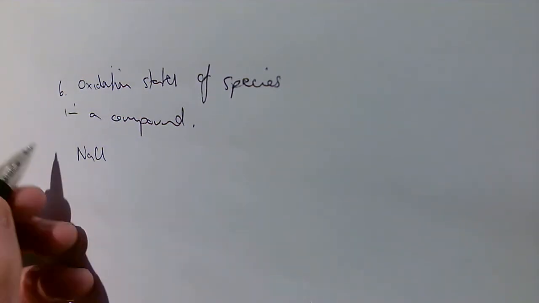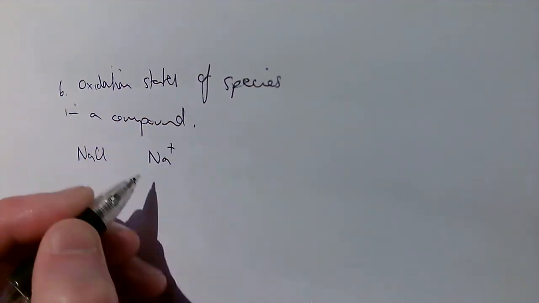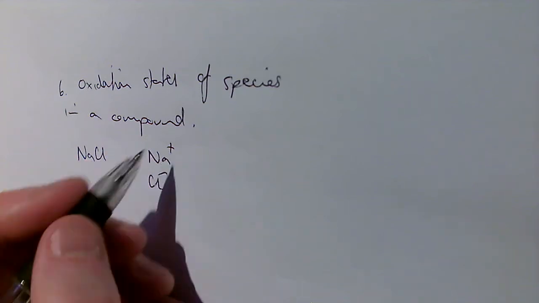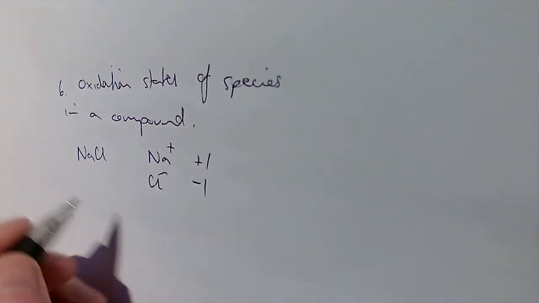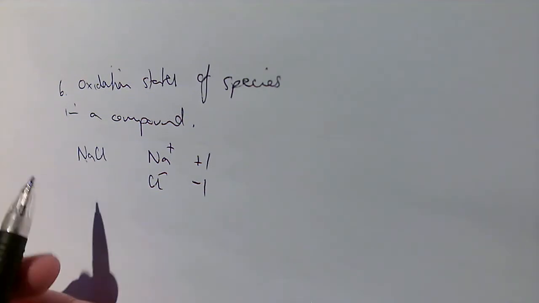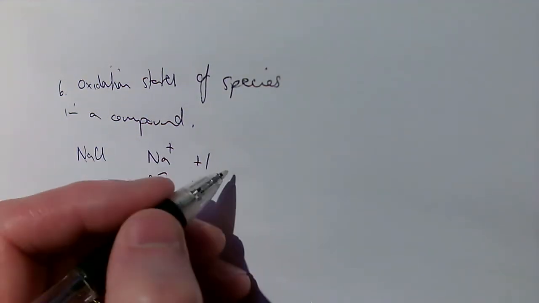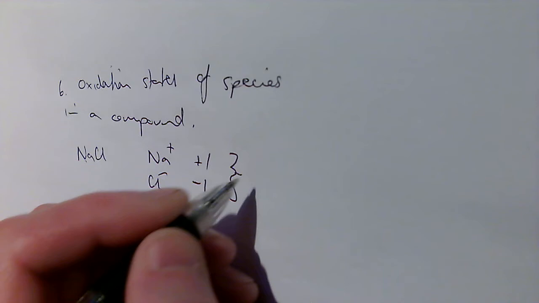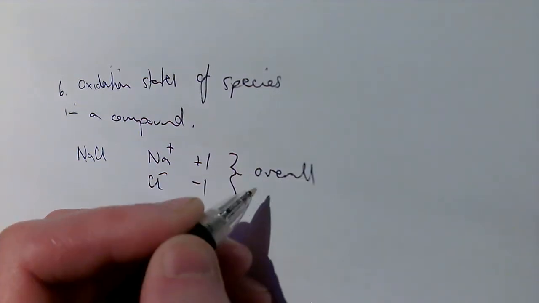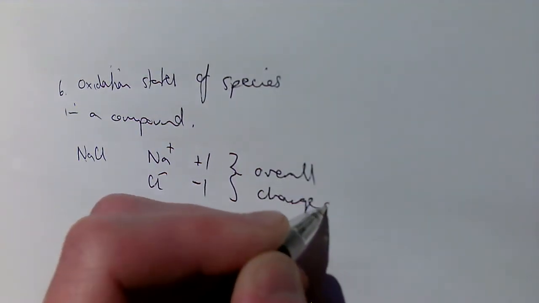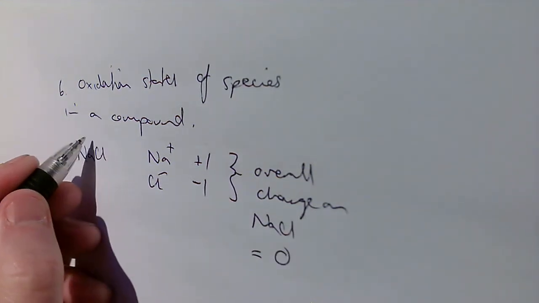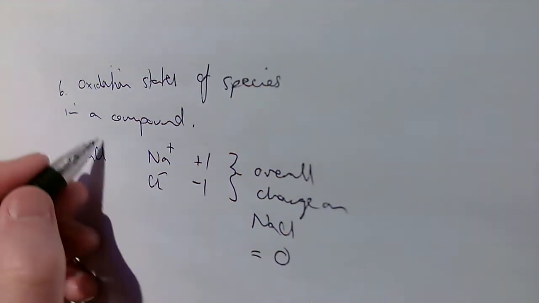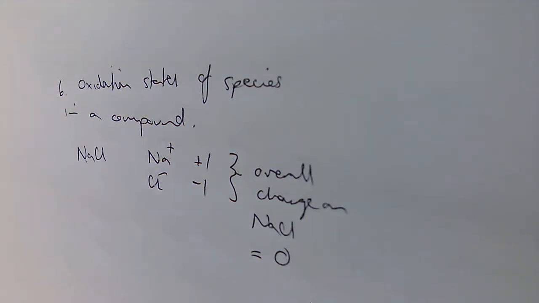So we know that's made up of Na+ and Cl-. The oxidation state of Na+ is +1. The oxidation state of Cl- is -1. I have 1 Na+, 1 Cl-, +1 -1. The overall charge on the NaCl equals 0, and it has no overall charge.